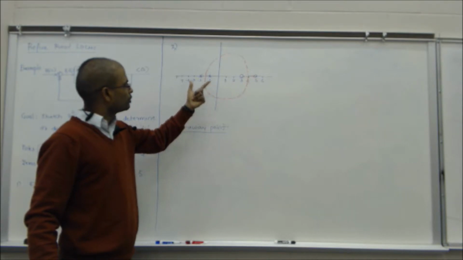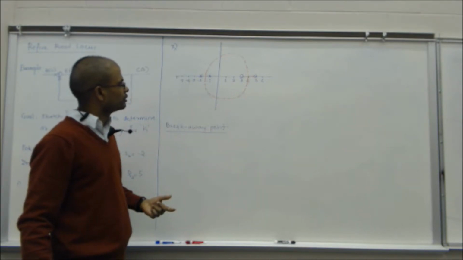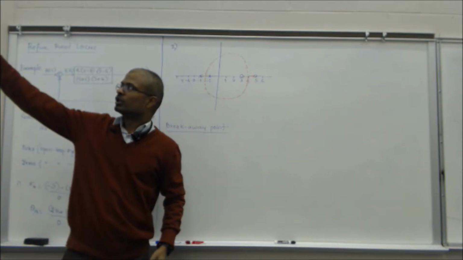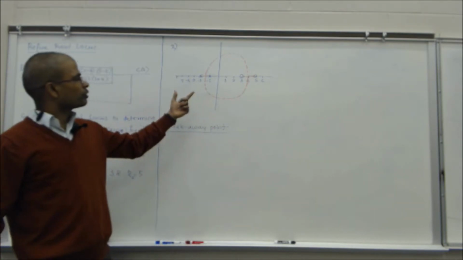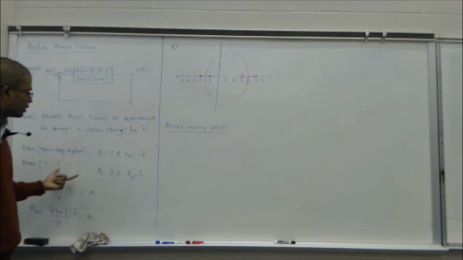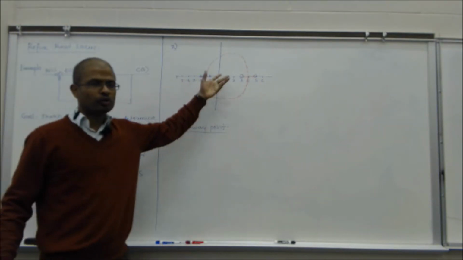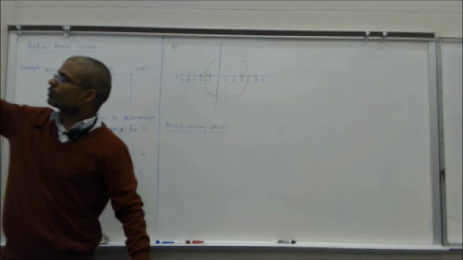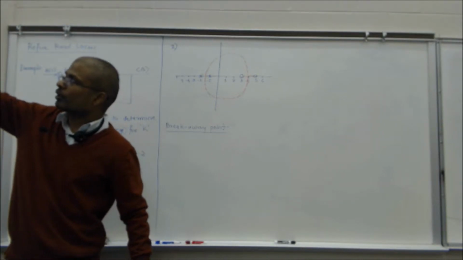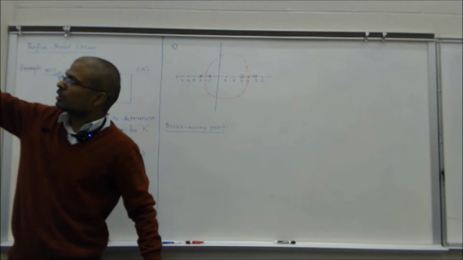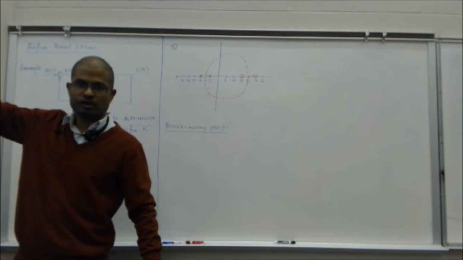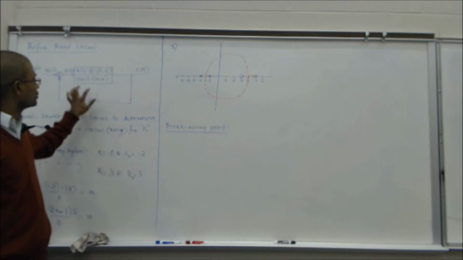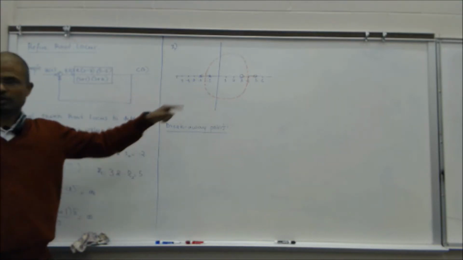Now, when you get comfortable with drawing root locus, if you practice enough, you can draw this root locus just looking at the open loop poles and zeros, always. So for example, let's see whether we satisfy all of those rules. The first one is number of branches. The number of branches is equal to number of open loop poles. So there are 2 poles, 2 branches. The first one is satisfied.